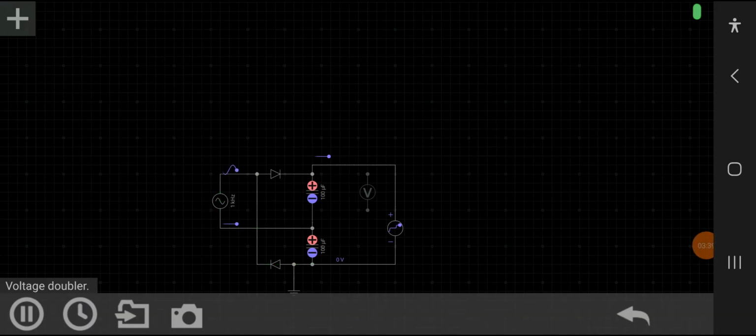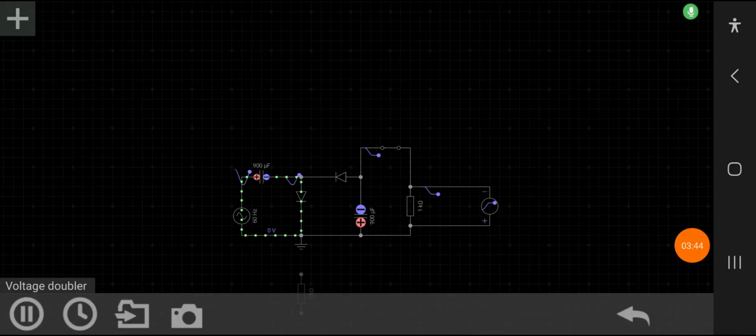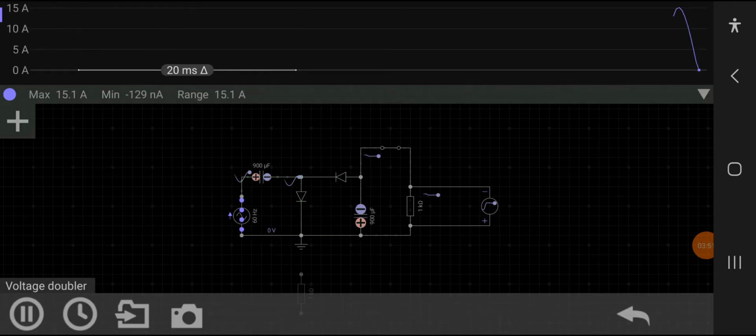Now this is a half wave voltage doubler circuit. What happened? So this is the input voltage.